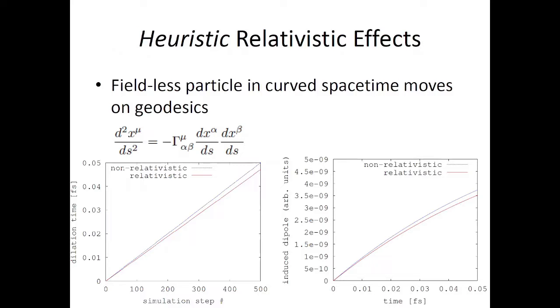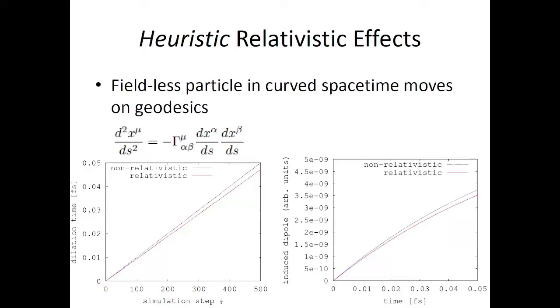If we do that, and this was published in the paper that I have mentioned before, what we can obtain essentially is that these fieldless particles can move on curved space-time, or in other words, they can move on geodesics.